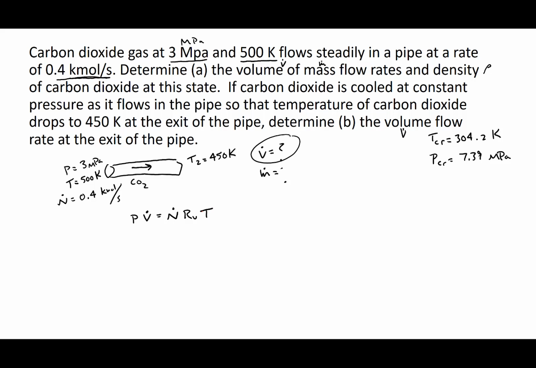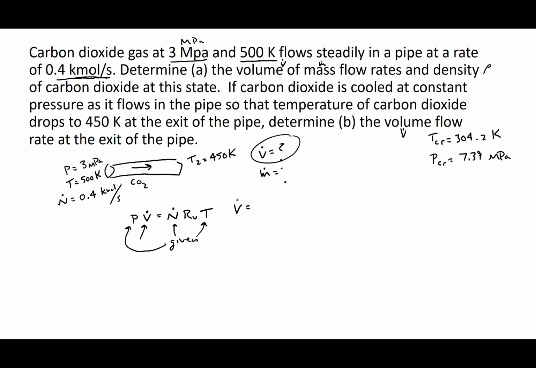This is the form we want to use, the main reason being that the molar flow rate, pressure and temperature are all given, and we're looking for the volumetric flow rate. So let's solve this equation for the volumetric flow rate.